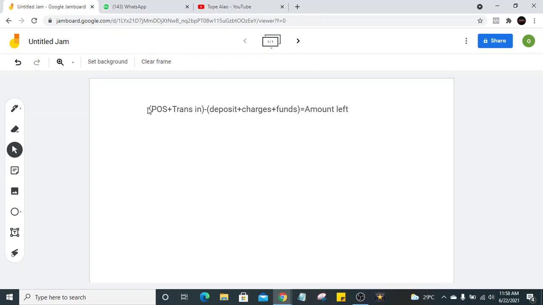So let's say a customer came to withdraw. Let's say you did just 5 transactions. You will do more than that, but for simplicity's sake, let's say you do 5 transactions. You did 5,000. You did 2,001 withdrawal.